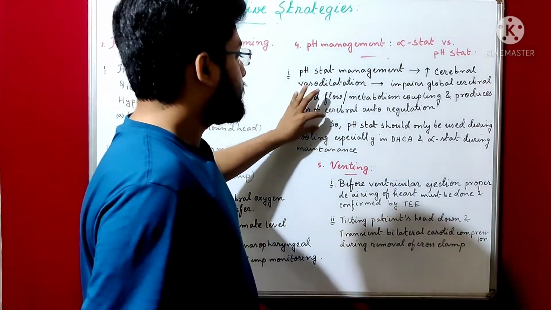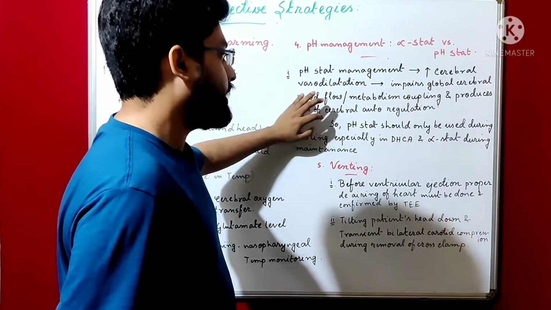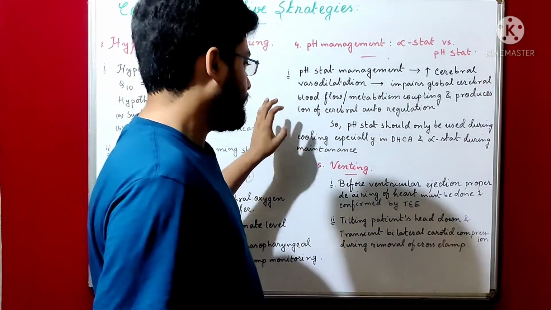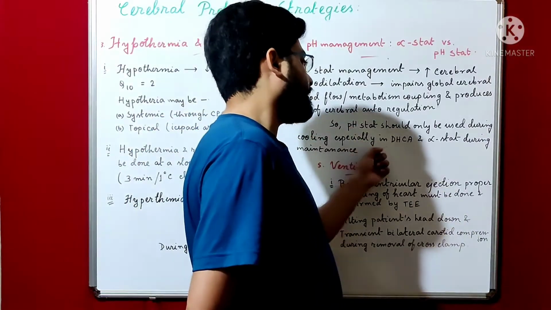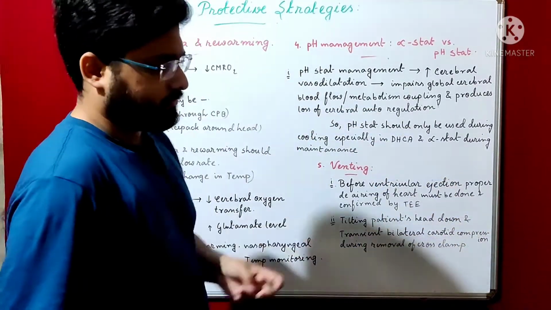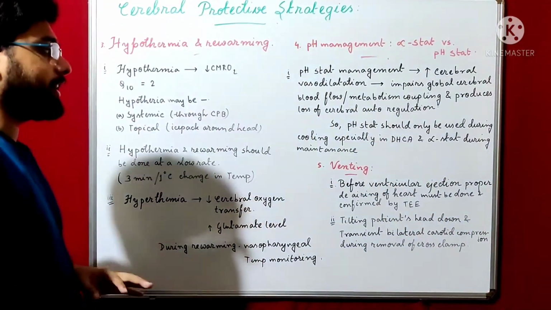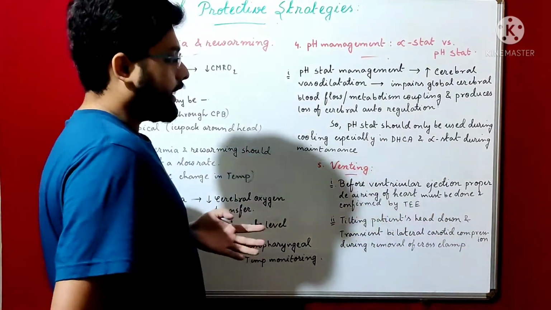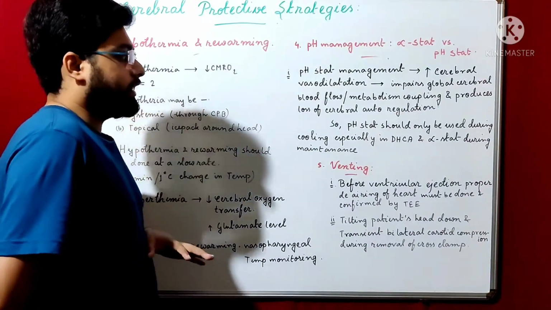So we must restrict the use of this strategy to only the cooling phase, especially in case of DHCA, not in normal cases where complete circulatory arrest is not needed.